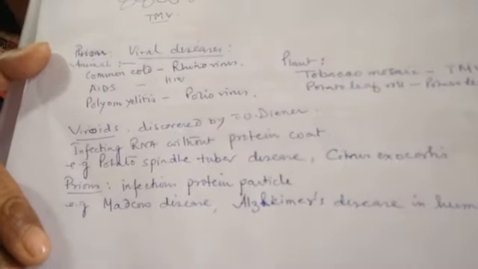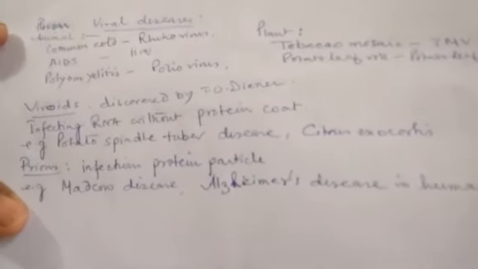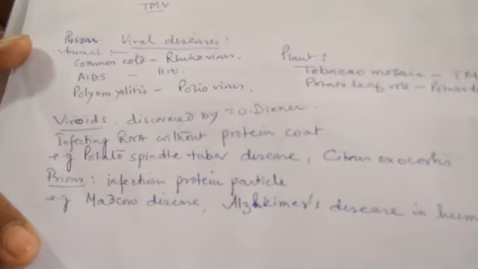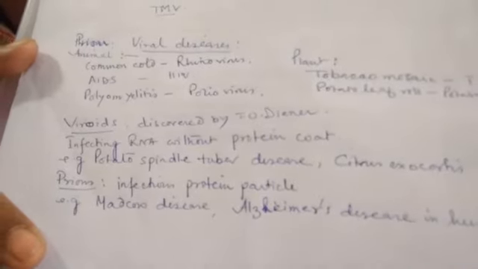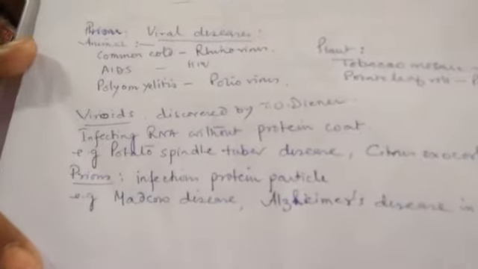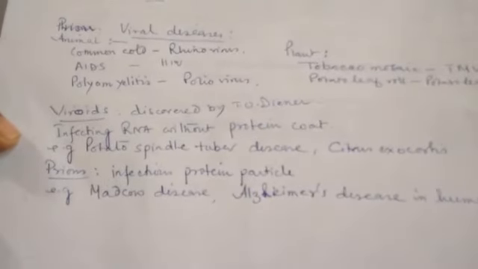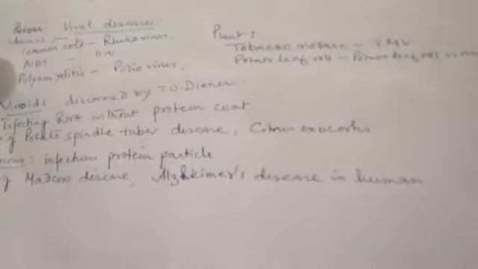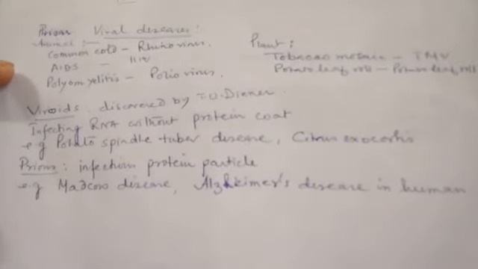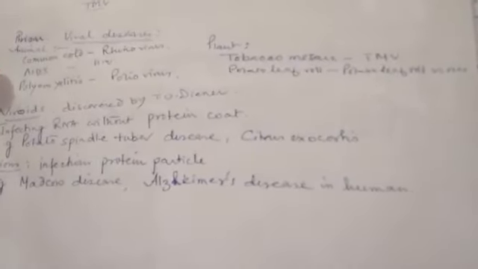So lots of diseases are caused by viruses. Like animal diseases: common cold by rhinovirus, AIDS, acquired immunodeficiency syndrome, caused by human immunodeficiency virus, then smallpox caused by smallpox virus, poliomyelitis caused by polio virus, and likewise several diseases, and COVID-19. The whole world is suffering a lot from COVID-19.